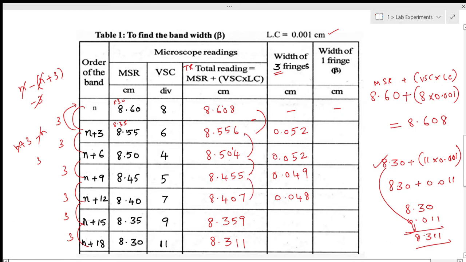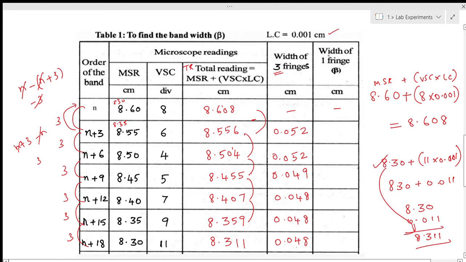In a similar way, 8.407 minus 8.359, this minus this will give you 0.048. I am using the calculator here. Then 8.359 minus 8.311, I got 0.048. That's it. 7 readings, the difference will be 6.